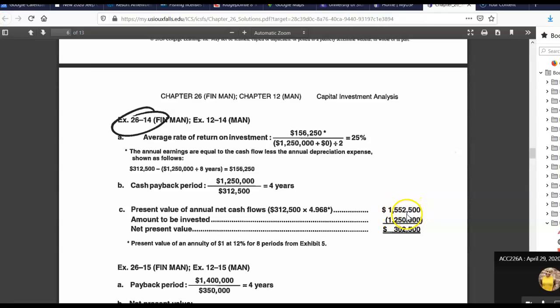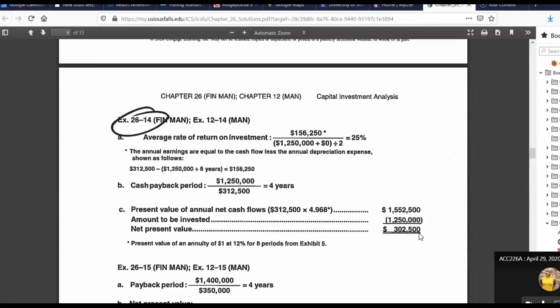1,552,000. Looking at that, based on the 12% factor and the cost that we're going to outlay today, there is a positive net present value of $302,000. So what does that tell you? It tells you we have met the definition, we have met the hurdle of 12%.